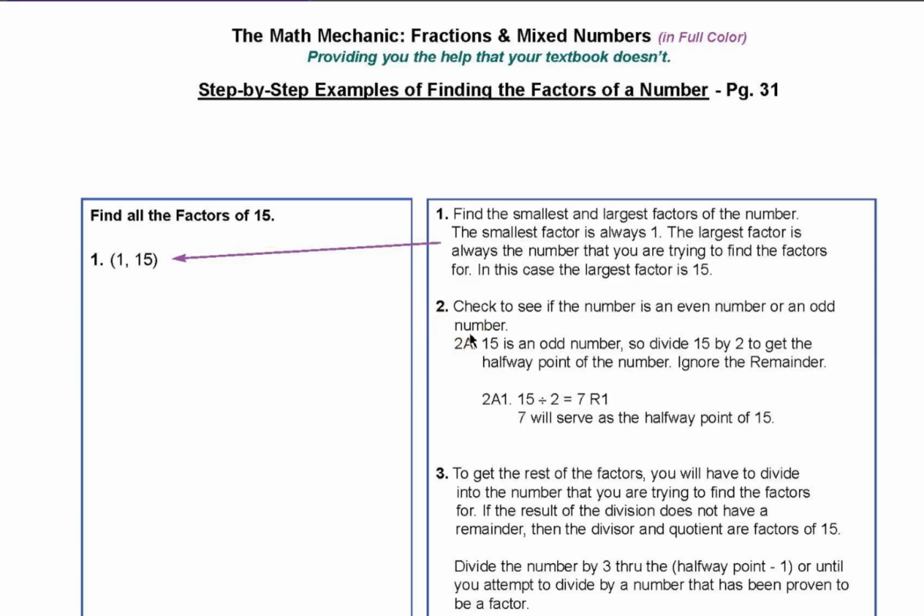Therefore, we will perform step 2A. 15 is an odd number, so divide 15 by 2 to get the halfway point of the number. Ignore the remainder.